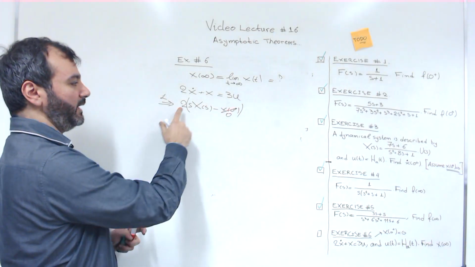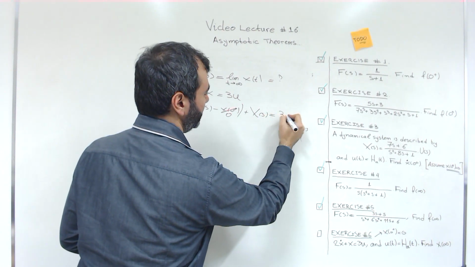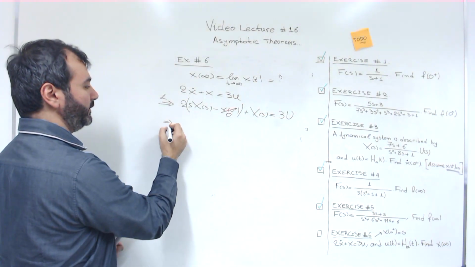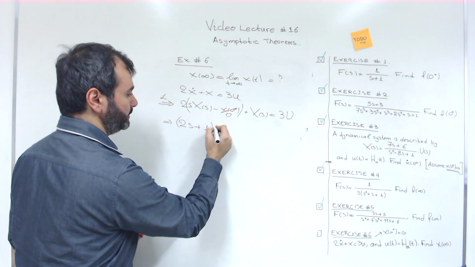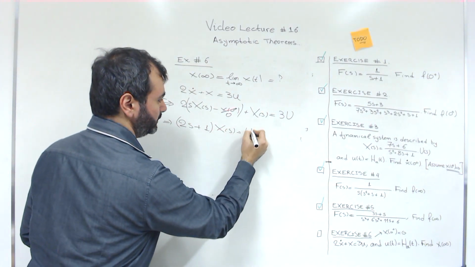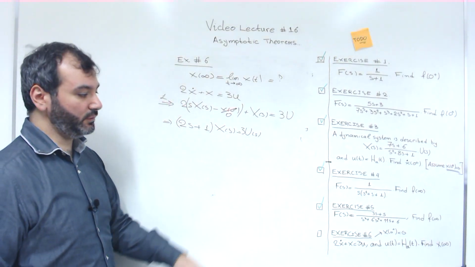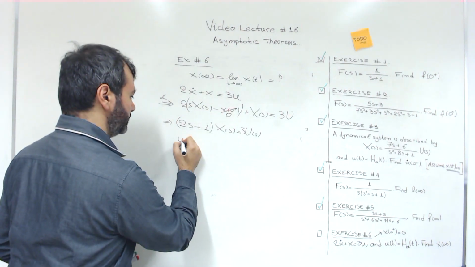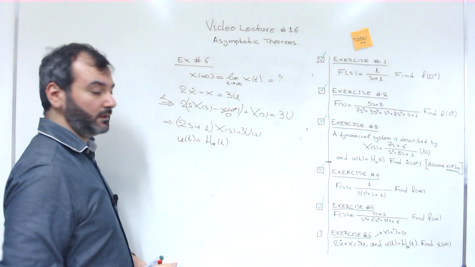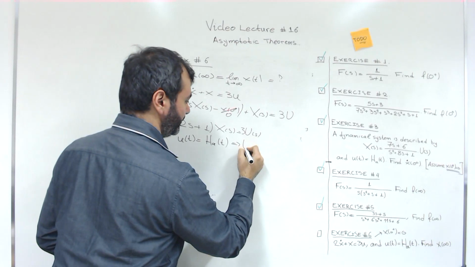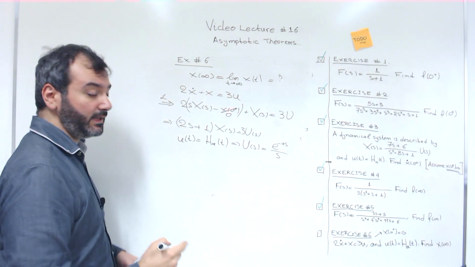So it is just 2 times s X of s plus X of s equals 3 times U. Let me write it again: (2s plus 1) X is equal to 3 times U. But u, as a function of time, is the Heaviside function. And the Laplace transform of the Heaviside function is e to the minus as divided by s.